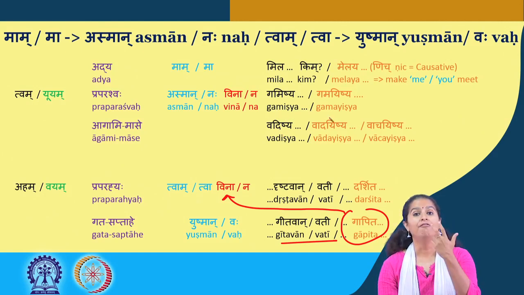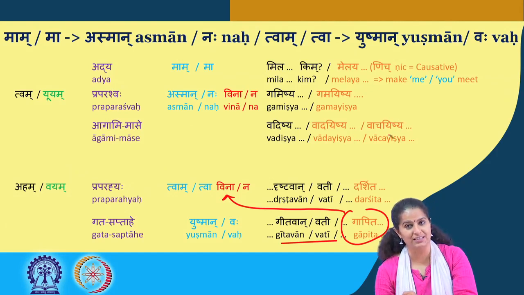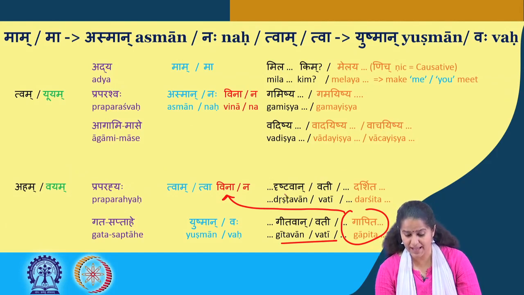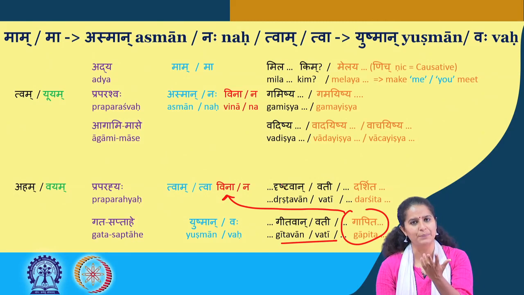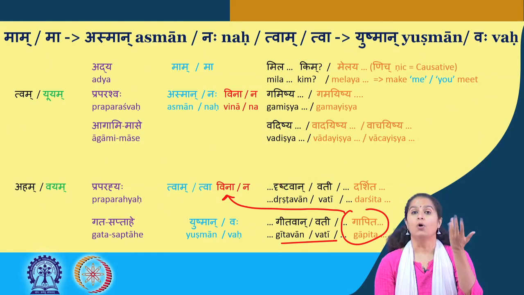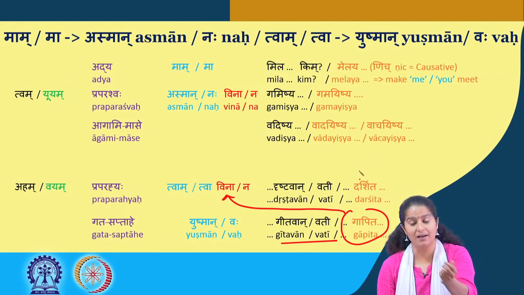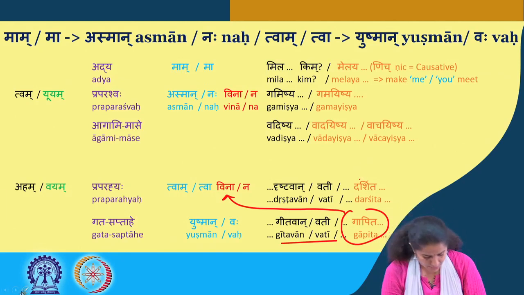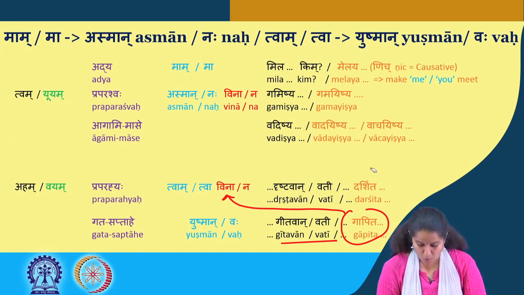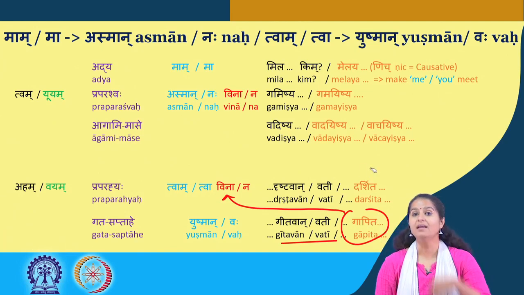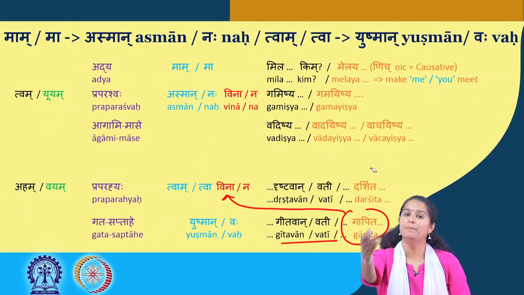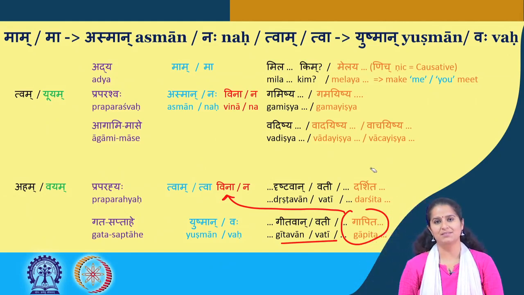Vadishyati, vadayishyati or vachayishyati. Alright. Vachayishyati is to make the person speak, as you can see. Now, drishtavan will become darshitavan. I showed. And then you have gitavan, sang, gapitavan, makes someone else sing. So that's the causative as well.